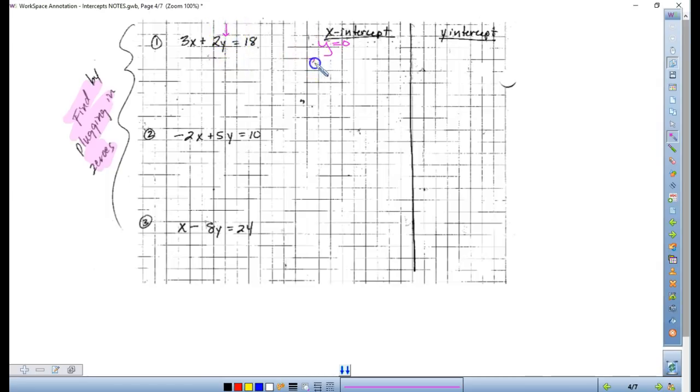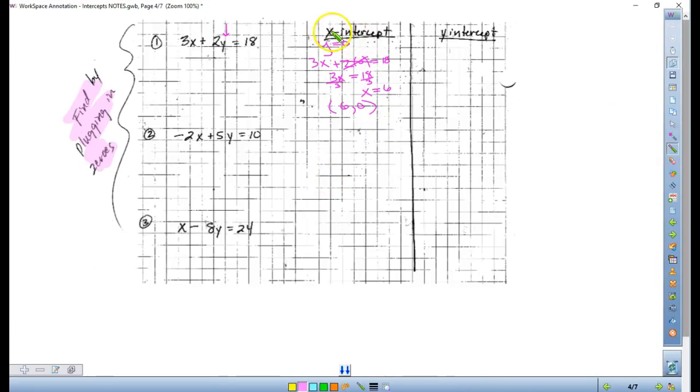So we'd have 3x plus 2 times 0 equals 18. Well, 2 times 0 will always be nothing, so that goes away. So we get 3x equals 18. So divide by 3, x is going to equal 6. So the coordinate of that would be 6, 0.